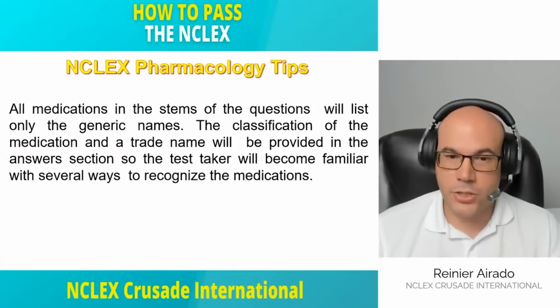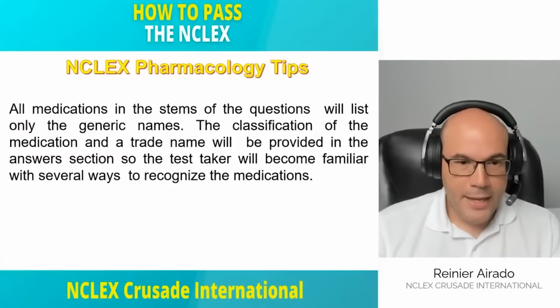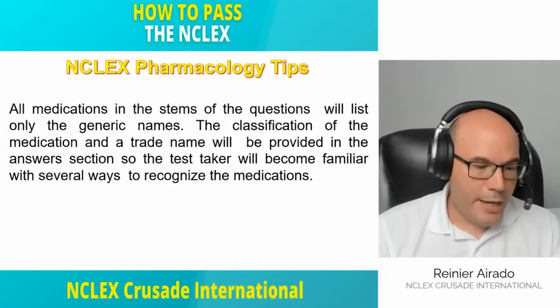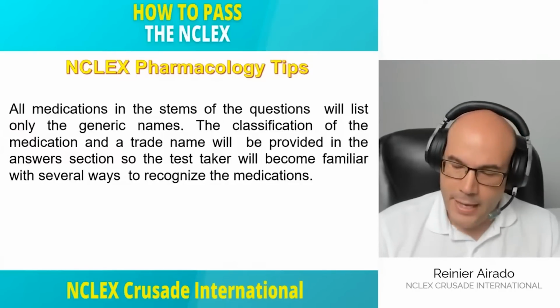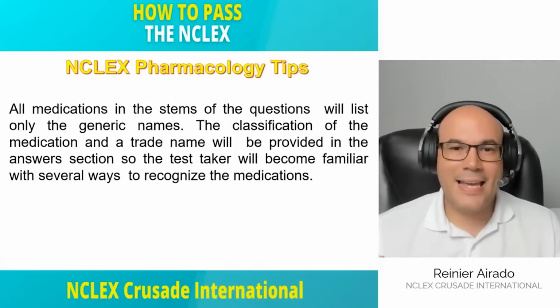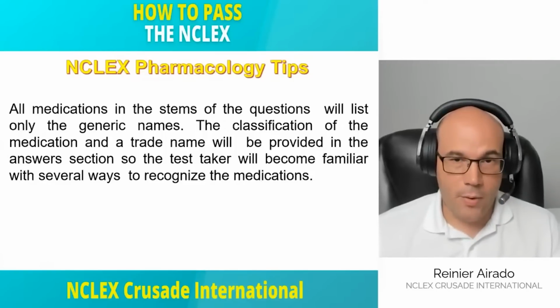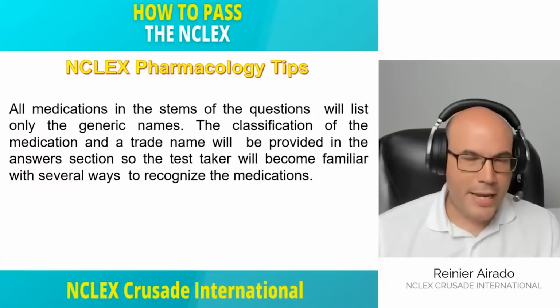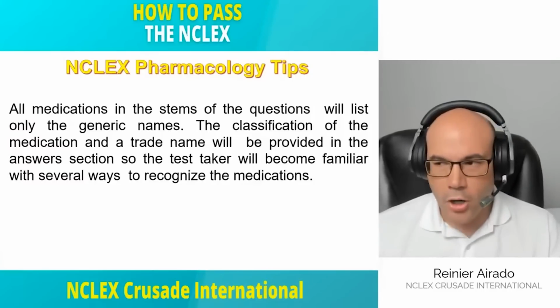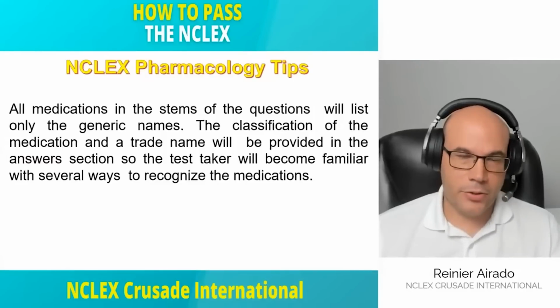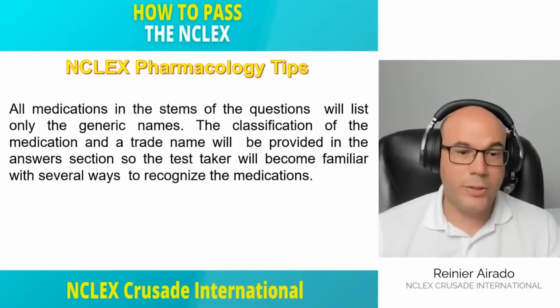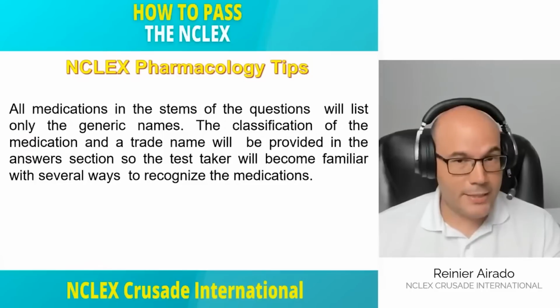Now, the next tip that I want to include in this training is that when you're analyzing a pharmacology question, and any question in general, part of the 5 key factors of an NCLEX question is to determine who your patient is.